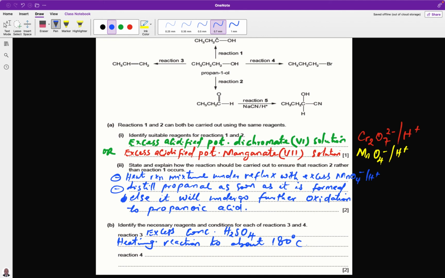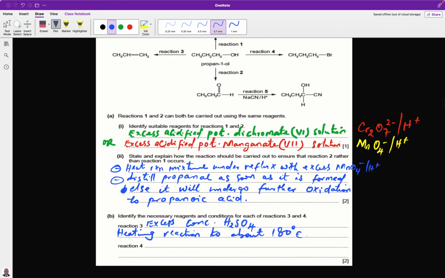So reaction 3 is a dehydration reaction of alcohol. We have to heat the alcohol with excess concentrated sulfuric acid to a temperature of about 180 degrees Celsius.